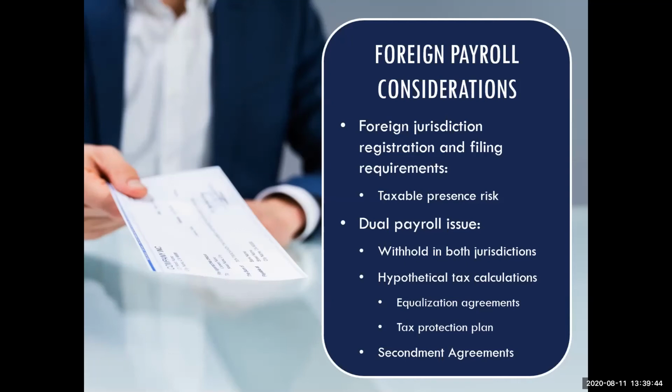The other thing I like to point out is that if you are a not-for-profit organization in the US, that does not necessarily mean that you are not going to be subject to income tax in another jurisdiction or indirect tax, such as a VAT or a GST, for instance. And so it's important to think about whether sending that employee to the other jurisdiction is going to create a taxable presence there.